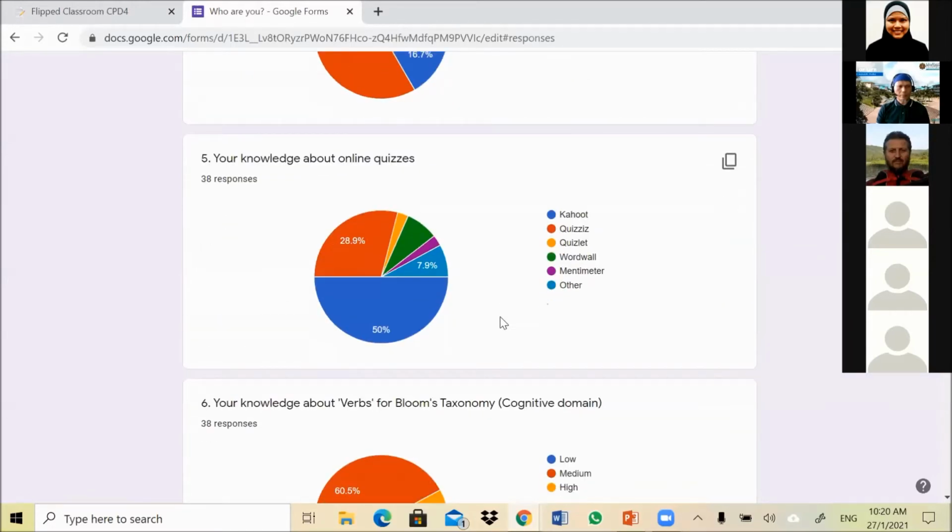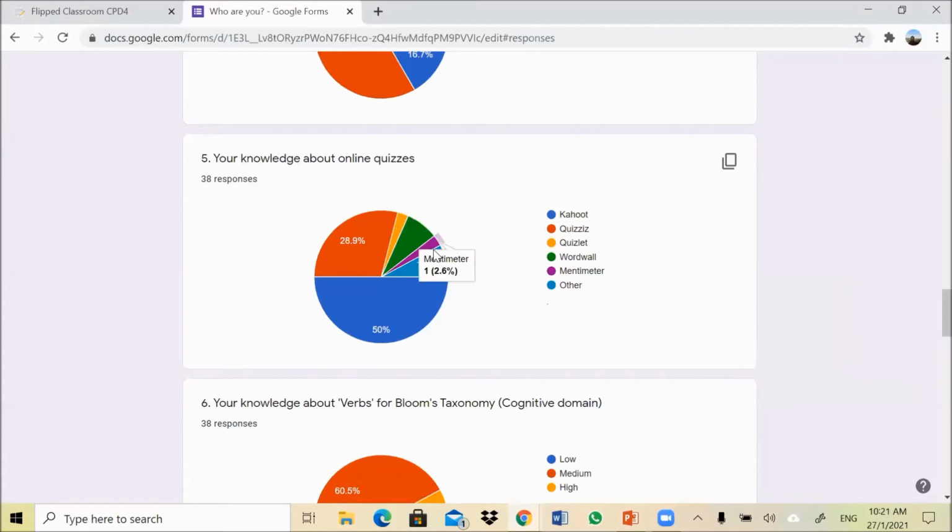Online quizzes, 50% of people know Kahoot, and then quizzes, which is the main one I think we want to use. Wordwall is a very nice activity that students really like, and I think it's worth investigating. Mentimeter also is very effective. So I would suggest that those people who are not familiar with them can make use of those for class activities.